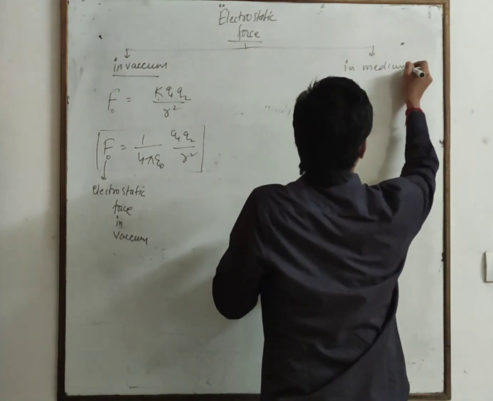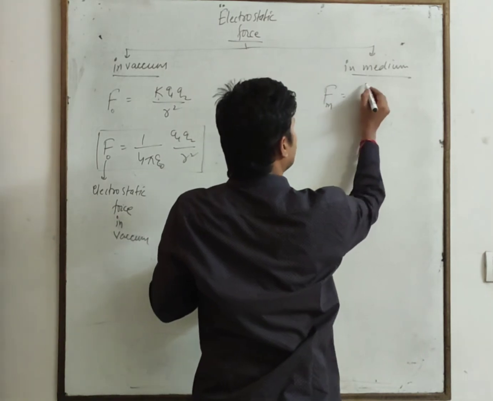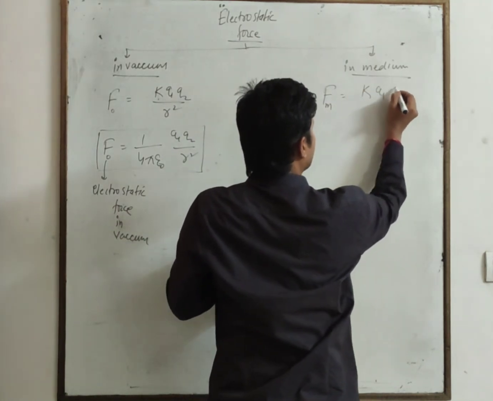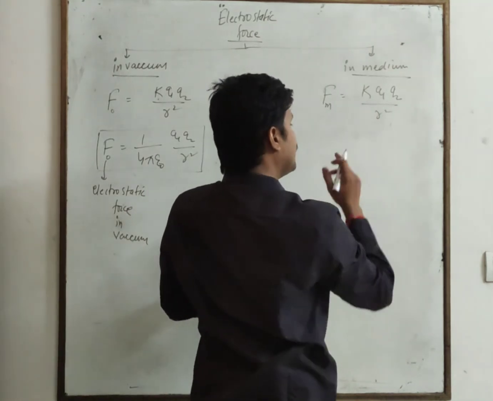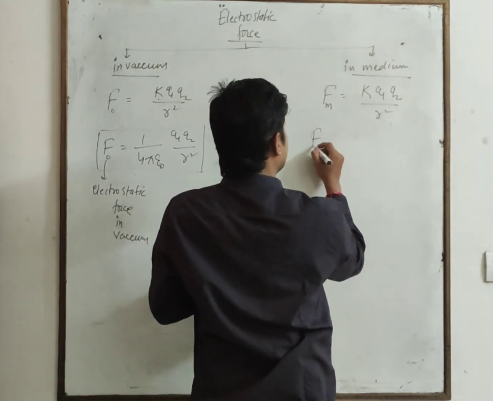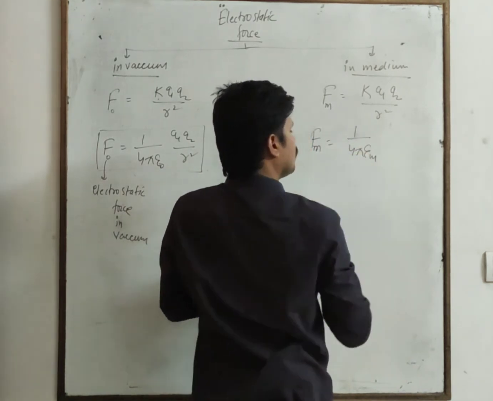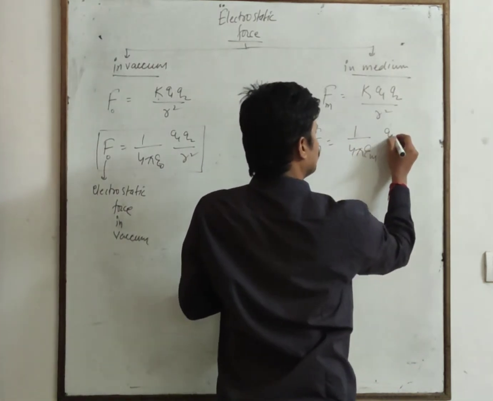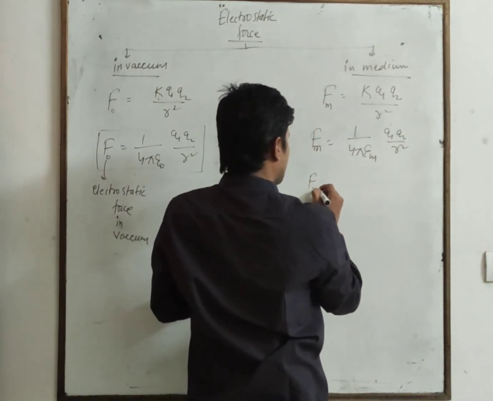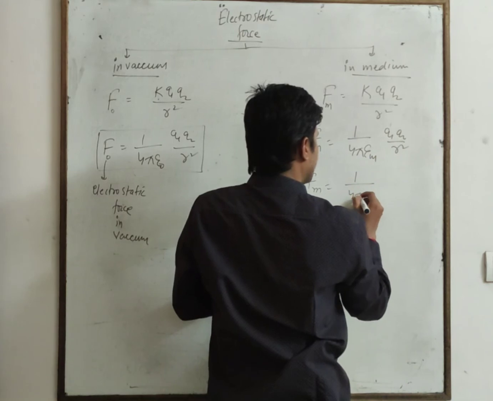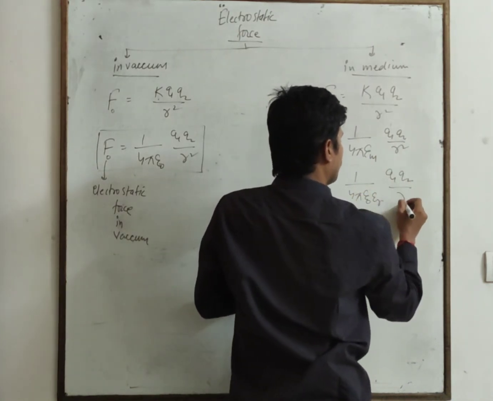Next, in medium, electrostatic force can be written as Fm equal to K magnitude of Q1 Q2 upon R square. And in medium the value of K is 1 upon 4 pi epsilon m, so Fm equal to 1 upon 4 pi epsilon naught epsilon r Q1 Q2 upon R square.